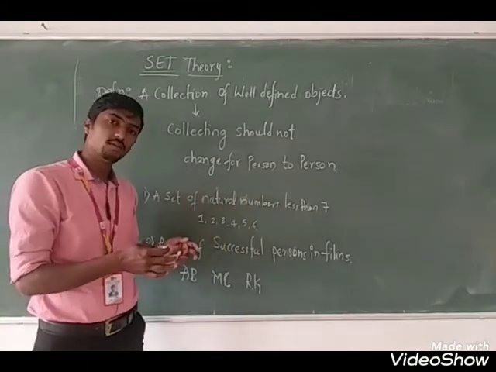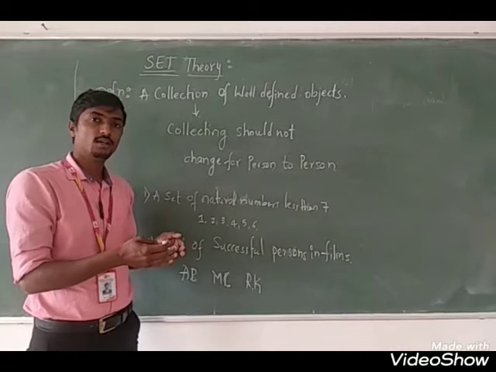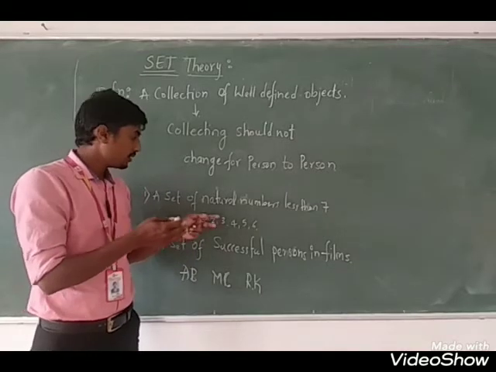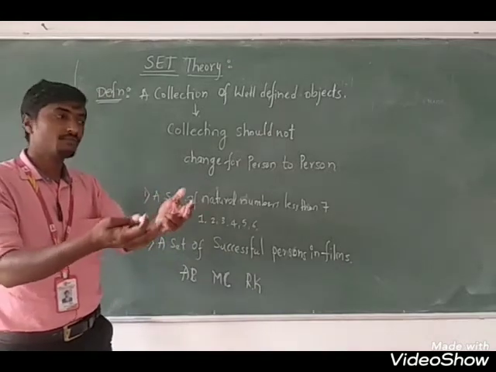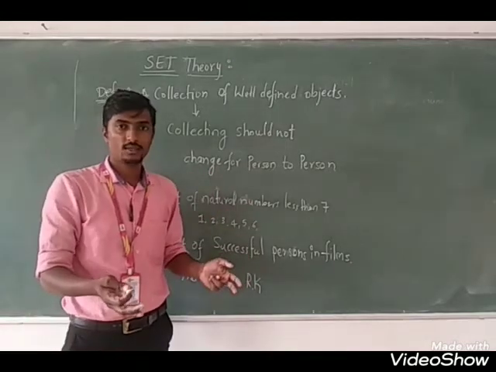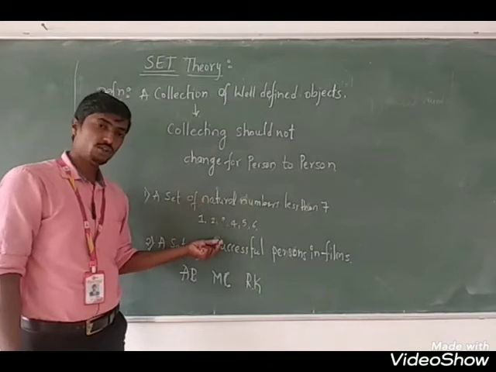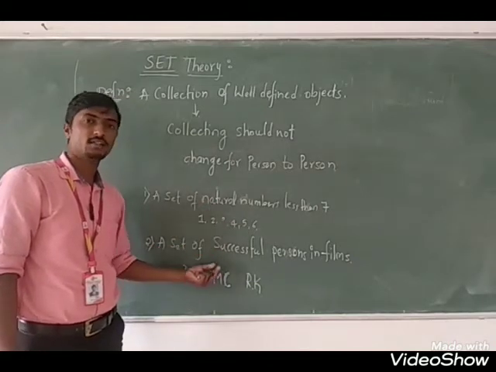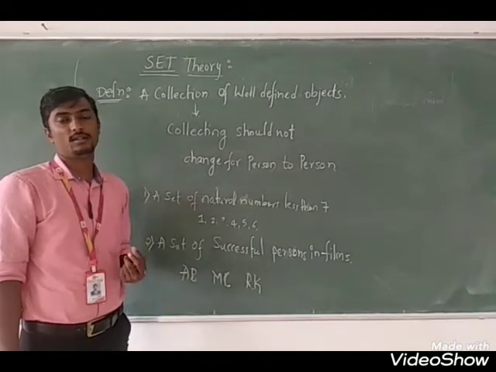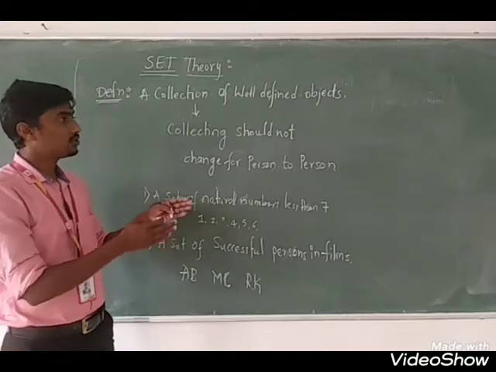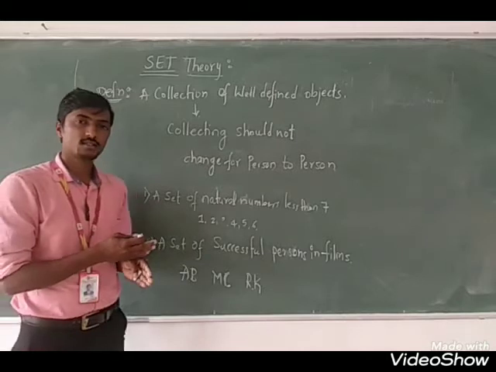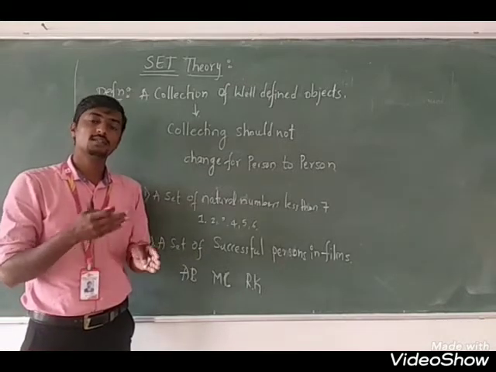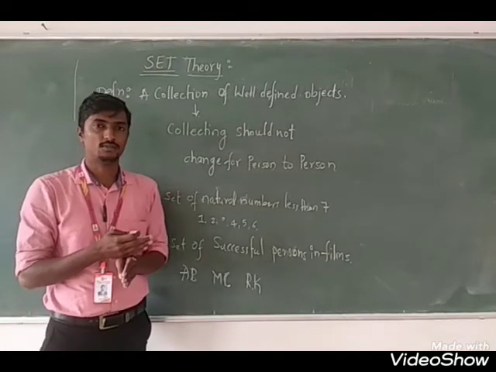One means one for you, two means two for you. If 3 is an element for me, then 3 is an element for others also. Here it is not changing, but there it is changing. So this is the definition of a set. If you did not understand, please revise the video and let us understand again.